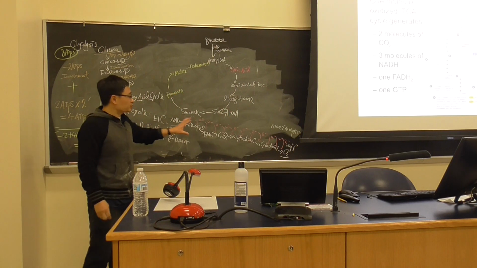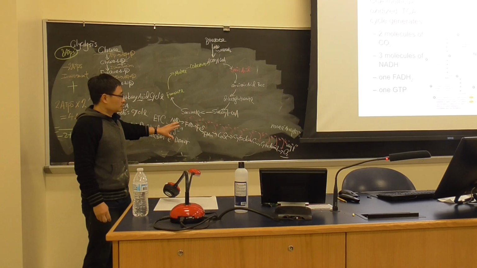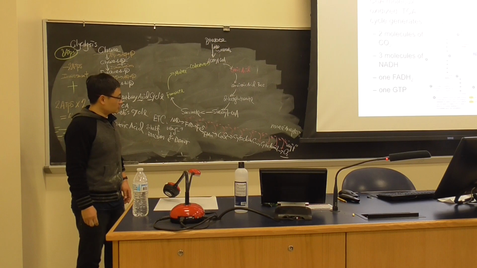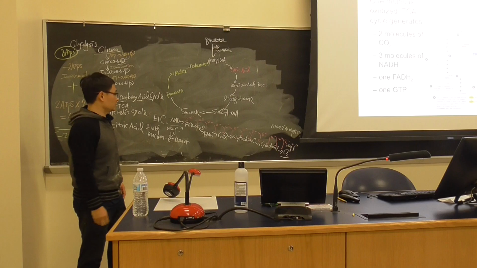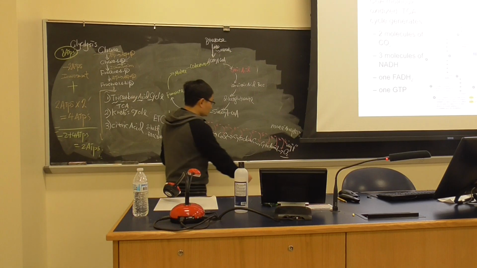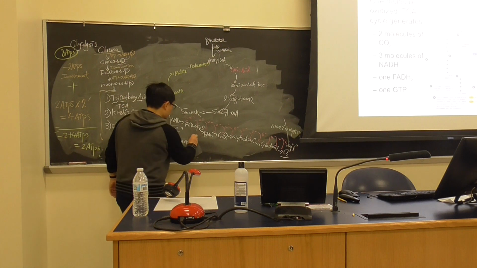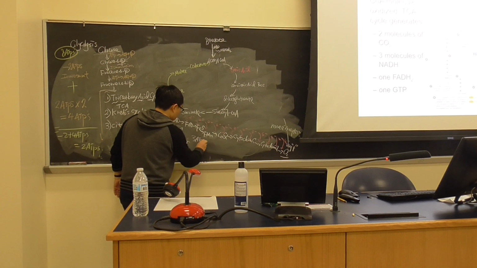Now during this process, they will generate ATP. Let's say NAD reduced to NADH2. It goes all the way here. How many ATP generated? 3 ATPs.